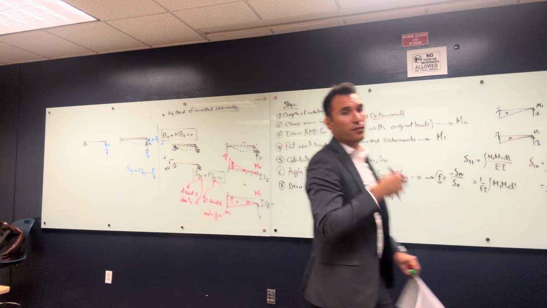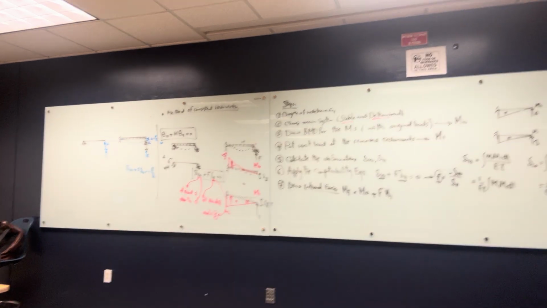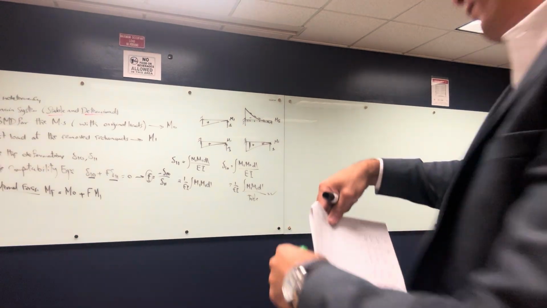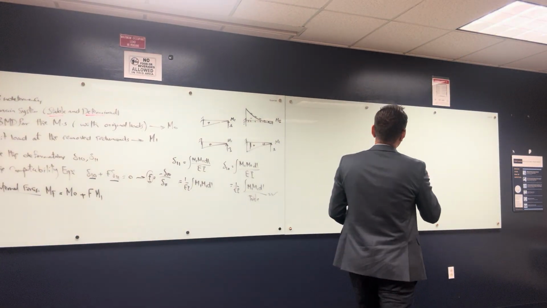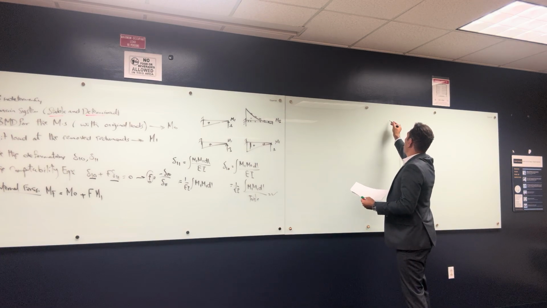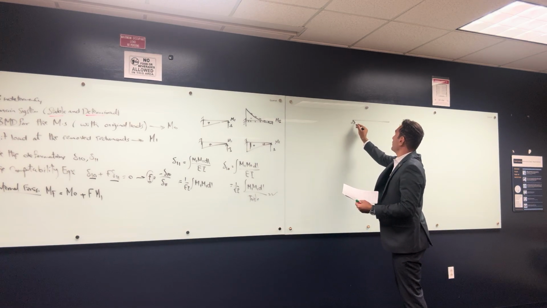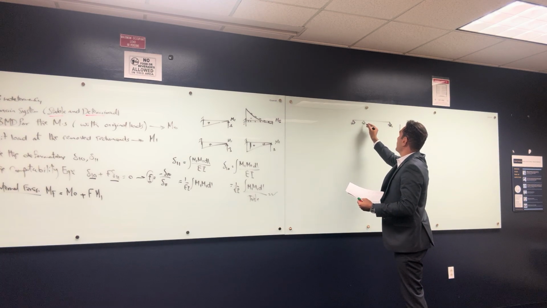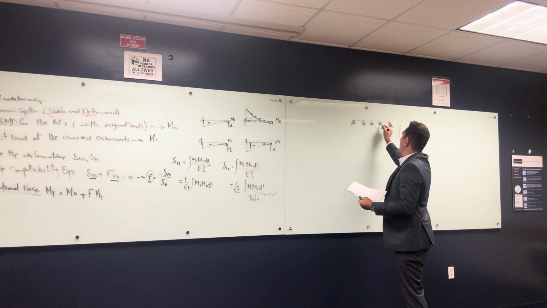All right, so just for you to understand, I'm going to expand what I did on a much bigger problem. Let's say, just to confirm that you understand everything, that I have a beam, and I have a roller, and another one, and another one.